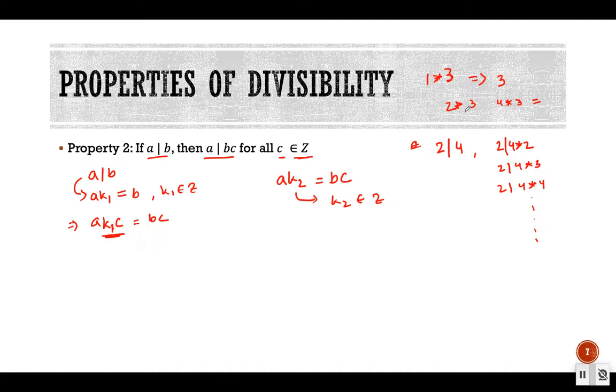So we can assume that now k2 equals k1 times c. So a times k2 equals bc. As k2 is an integer number, we can say that a is going to divide bc.